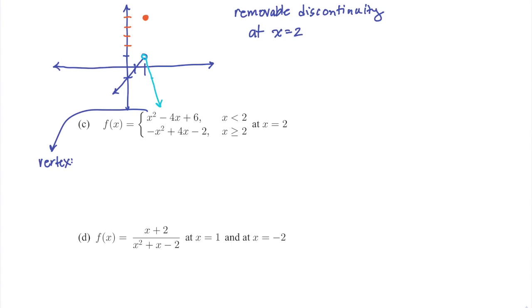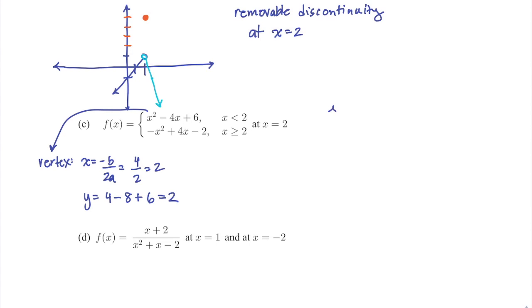My vertex will be x equals the opposite of b over 2a, which is 4 over 2. So x-coordinate 2, which happens to be our split point for our two branches. And y would be 4 minus 8 plus 6. And that is also 2.